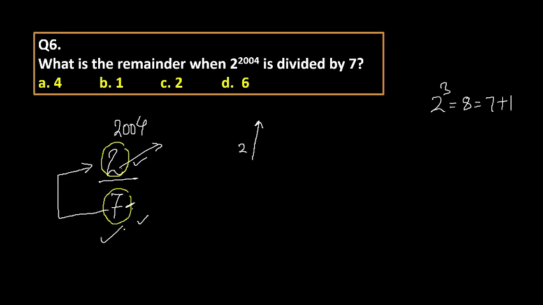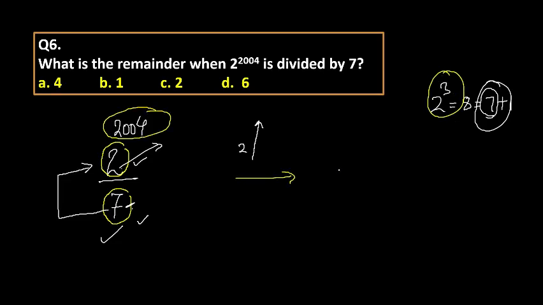We were dividing by 7, so we have to make 7, right? Now what is the problem here is we need 2 cube, but here we have a very big power. So now just take 3 power from it. What will be the left power?